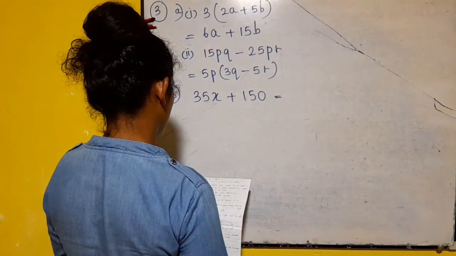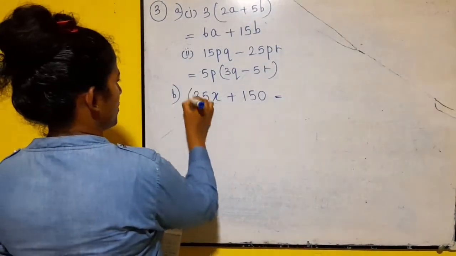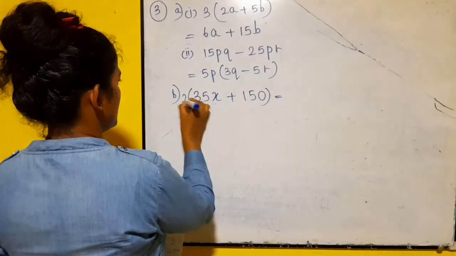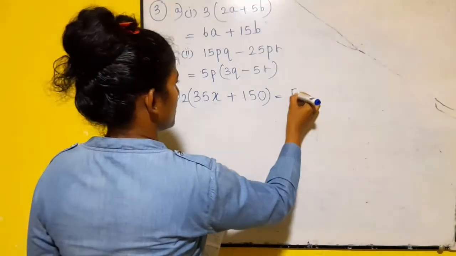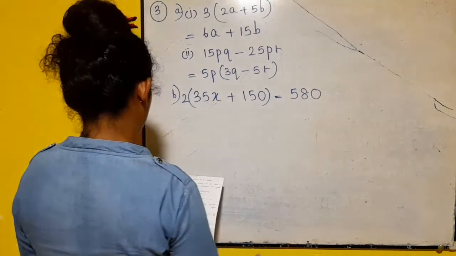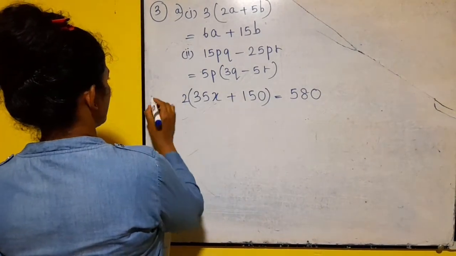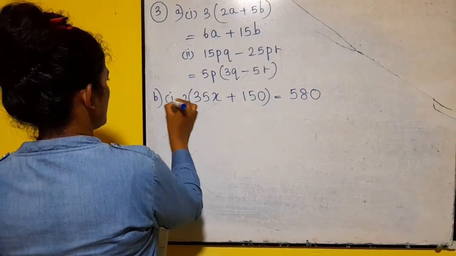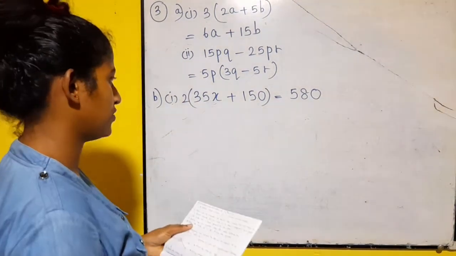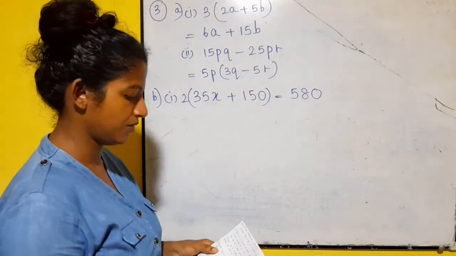This costs 2 such parcels, so you have to multiply this expression by 2. Cost 580. So this is the answer for the first part here. B, first part. This is the equation that you can construct from the given information.